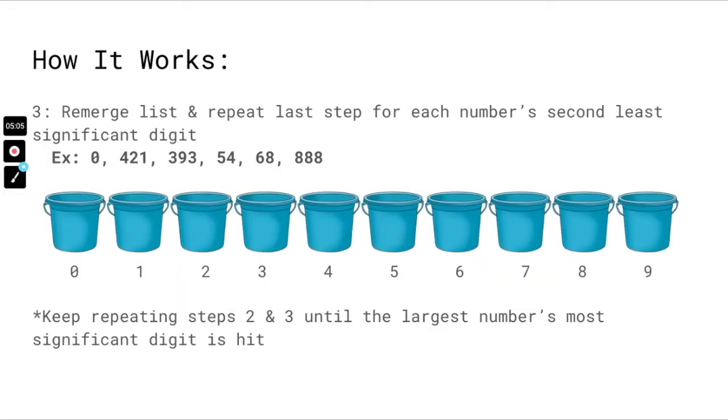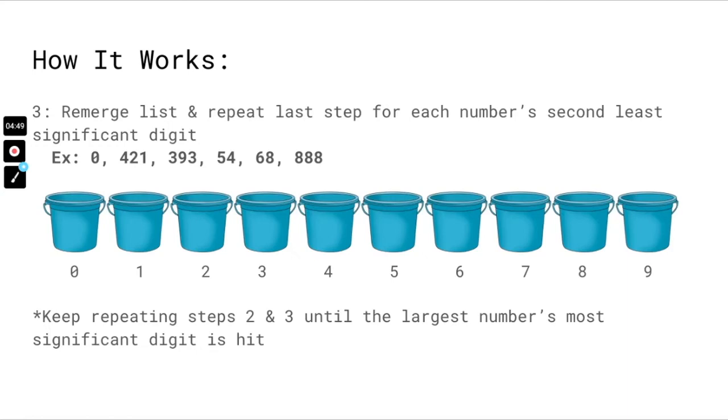After that, you're going to remerge the list based on the bucket array created in the last sort, and then you're going to repeat the last step for each number's second least significant digit.